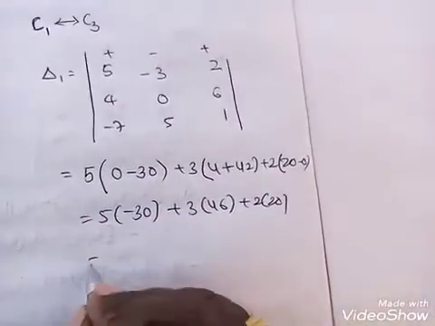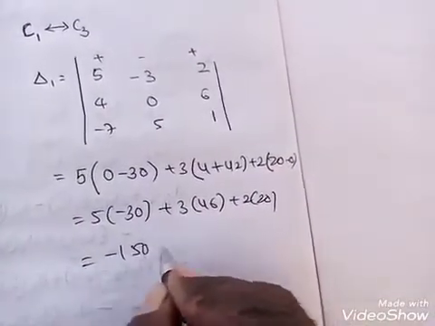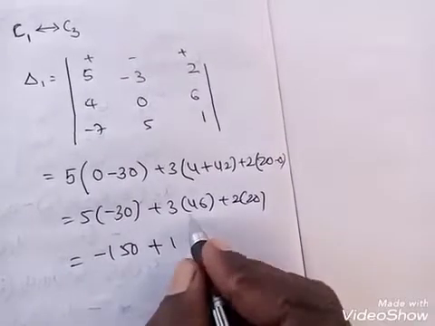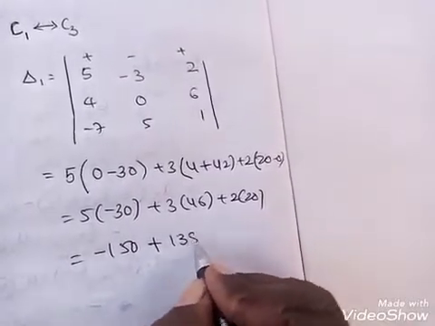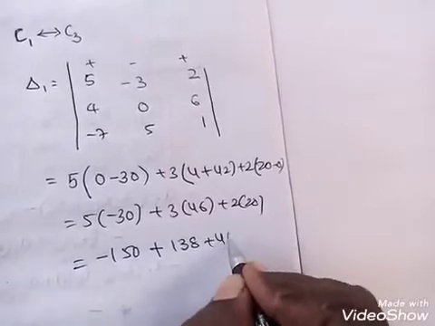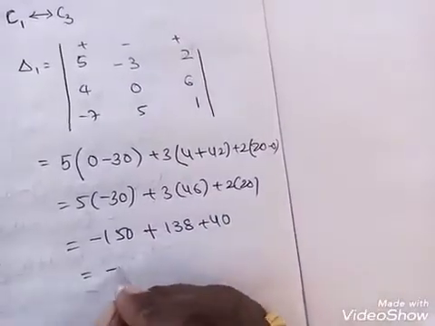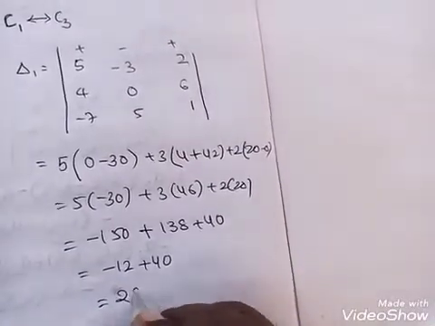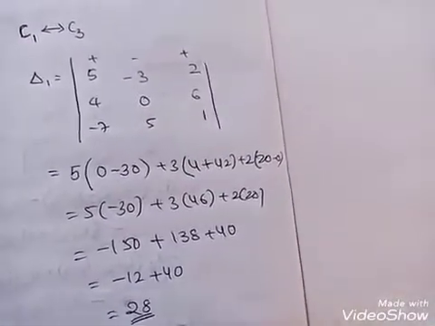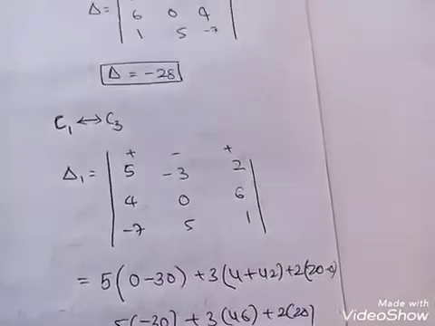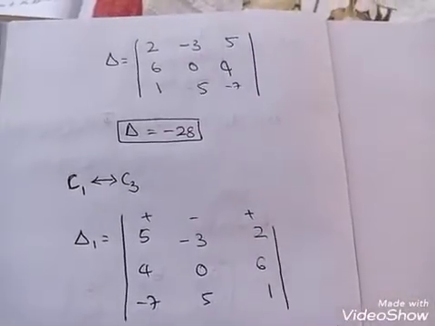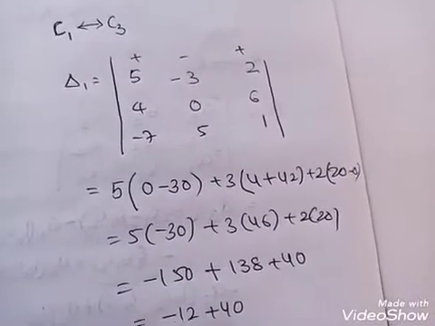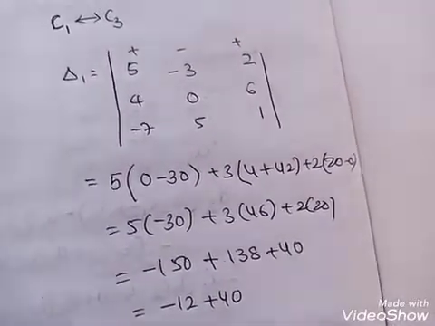Now you got minus 150 plus 138 plus 40. Therefore this is minus 12 plus 40, that is nothing but plus 28. That is what you are going to get: delta is minus 28, delta 1 is plus 28, that is delta 1 is equal to minus delta.